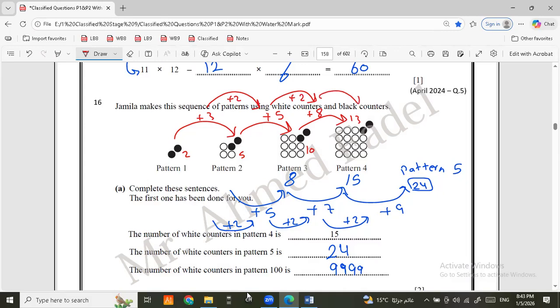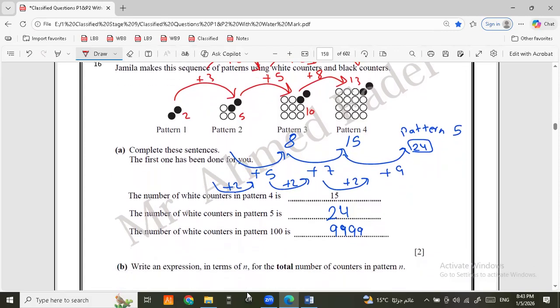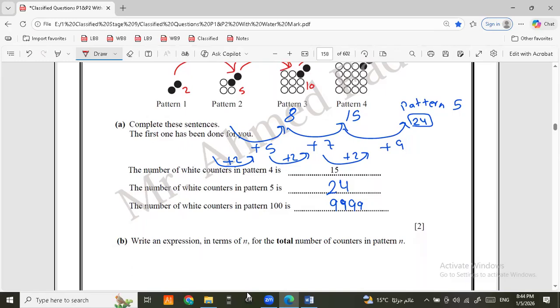If you find that the second differences are the same, then it is quadratic. So the nth term is definitely n squared. N squared, try 1 squared. It is 1. How many do I need for it to become 2? I need 1 more. So it's n squared plus 1.